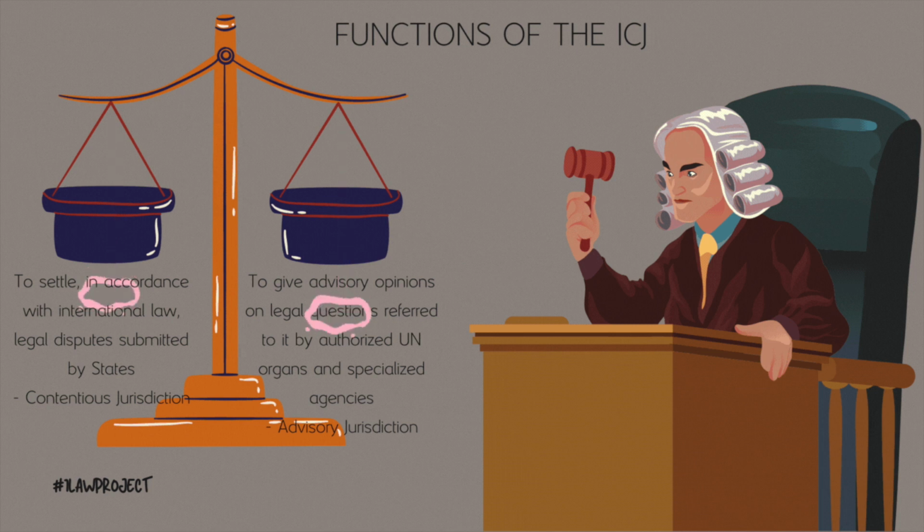According to Article 94 of the UN Charter, where a party under the judgment of the ICJ fails to perform its obligation, the aggrieved party on the non-performance may have recourse to the Security Council.